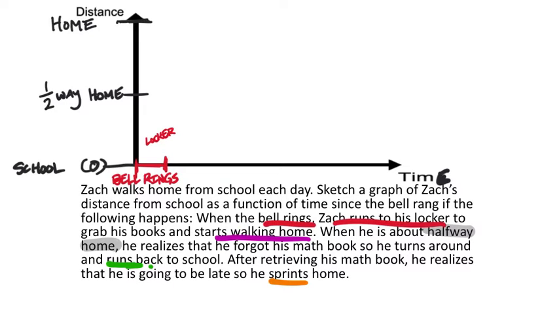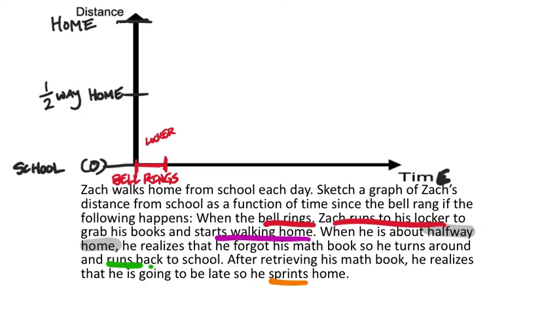Walking would be at a slower pace. That means that in relationship to distance and time, it's going to be a more flat line. Running is faster than walking, so if I make my walking kind of shallow, then I've got to make my running steeper. But sprinting is even faster than running, and so I've got to make that line even steeper in one of the directions. Okay.